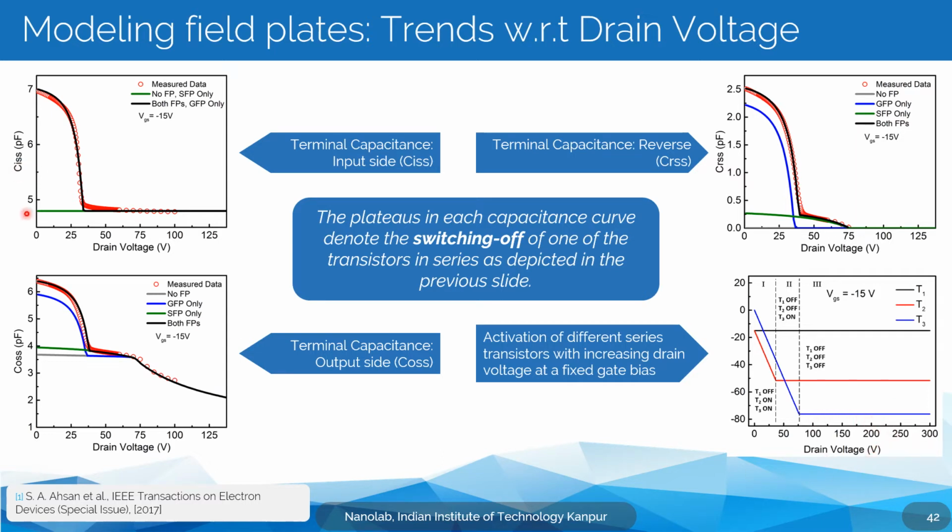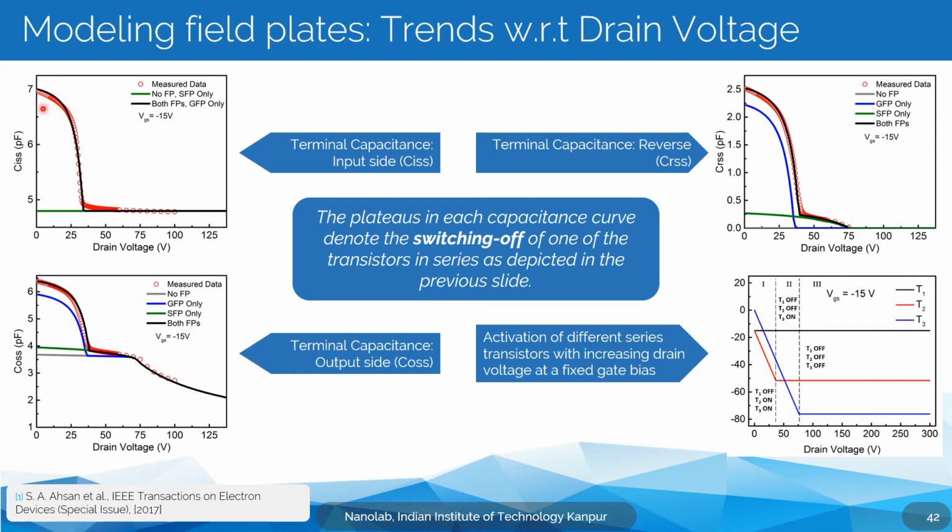Now this is the input side capacitance, which is nothing but CGS plus CGD. As we can see, as T2 turns off, this goes down, not to zero, but to a certain parasitic level.